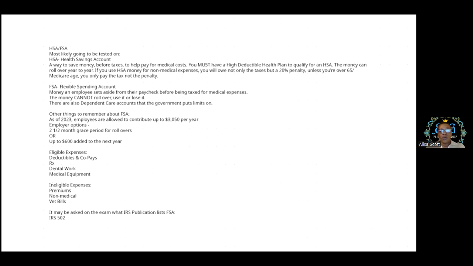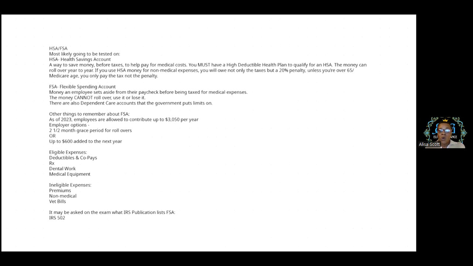The other important thing to remember when it comes to the FSA is that as of 2023, employees are allowed to contribute up to $3,050 per year to that account. And at your employer's discretion, they may provide you with one of two options for your FSA funds.